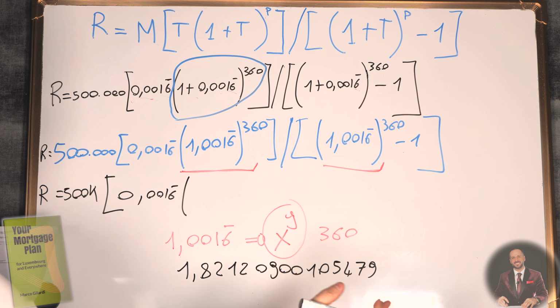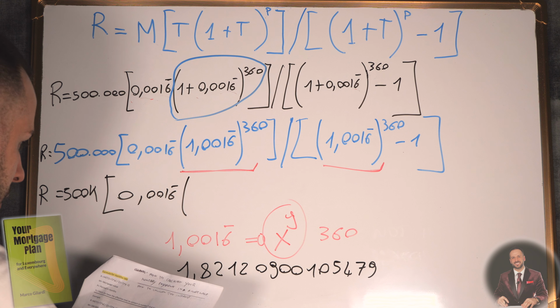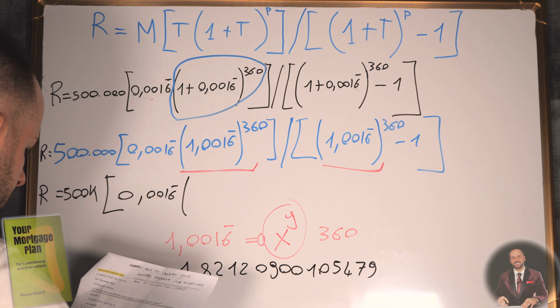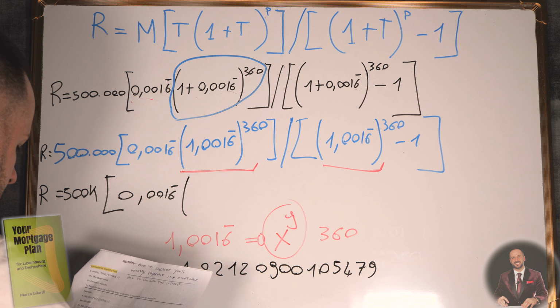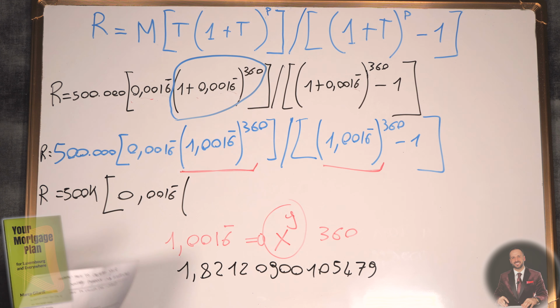You just have to copy and paste it from the calculator. It's not so complex. Let me check if I wrote it correctly. 1209 00. I think yes, but anyway you will have this paper at the end in the comment.